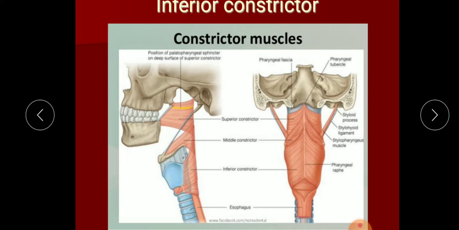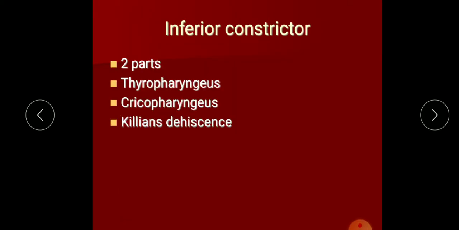So in relation to the inferior constrictor, you already know it has got two parts. One more term that you should be familiar with is what is termed Killian's dehiscence. So what is Killian's dehiscence? It is actually a gap between the thyropharyngeus and the cricopharyngeus part of the inferior constrictor muscle.